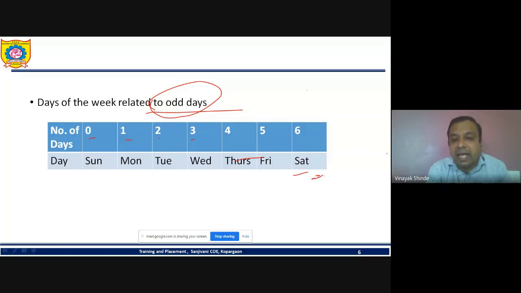So these are the days and their numbers. So 0 is Sunday and 6 is Saturday.